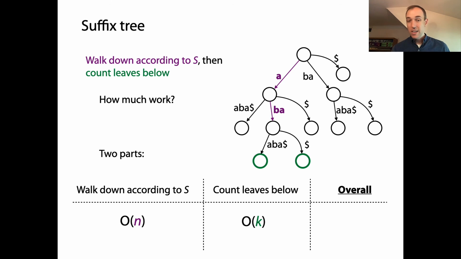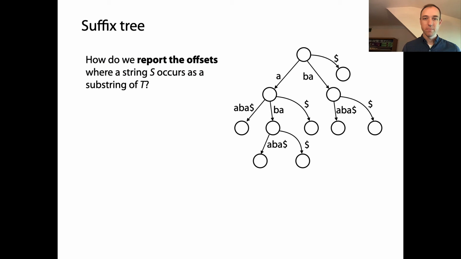If we do one and then the other, the overall time is the sum of the two. So the overall time required to both walk down according to S and count the leaves below where we ended our walk is big O of n plus k. To answer that count query, we need big O of n plus k time.